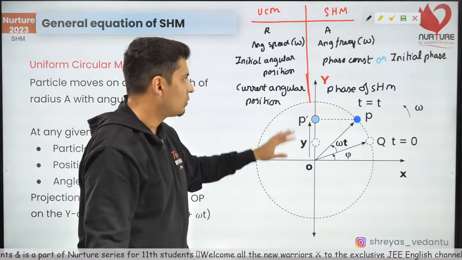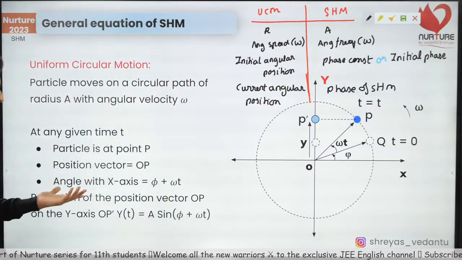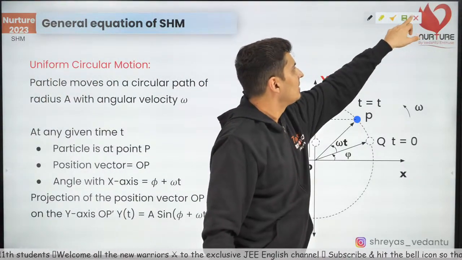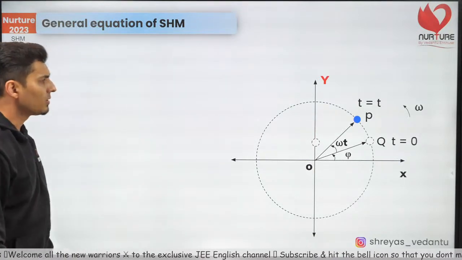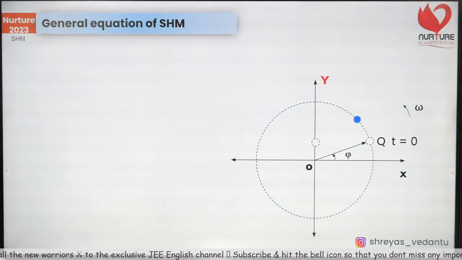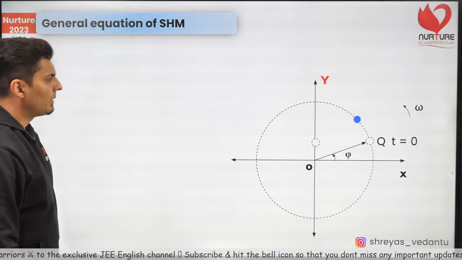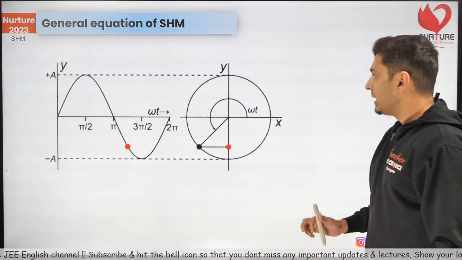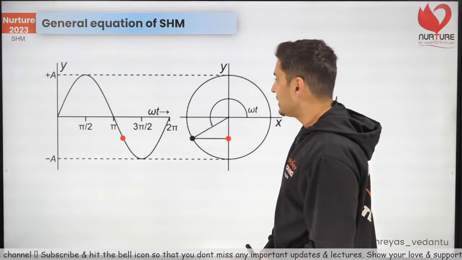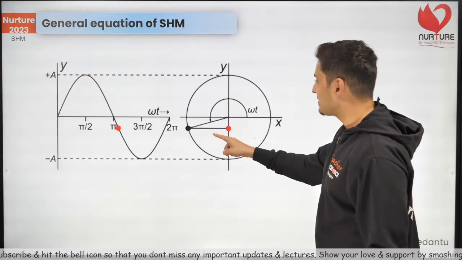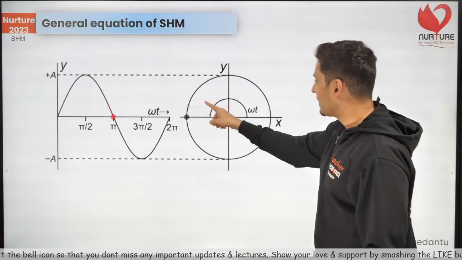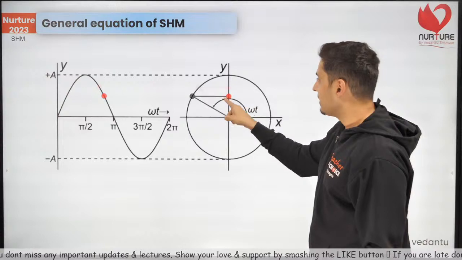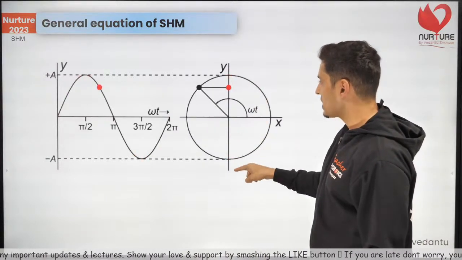Very important tables, very important diagrams just for you. Maybe I'll just go to the next diagram and show this to you. This is another very interesting simulation just to show you how the phase works. Look at this. This particle, the black one, is going in a circular path. The red particle, you can see it's going up and down, the projection.